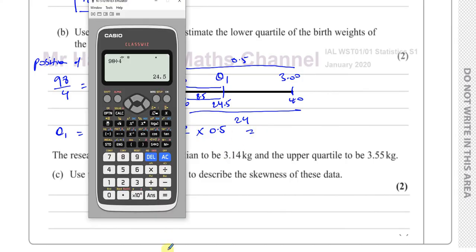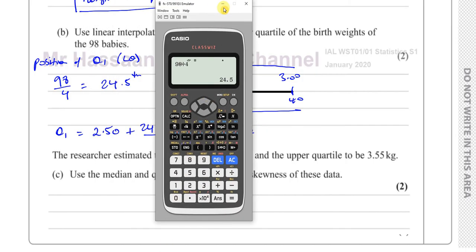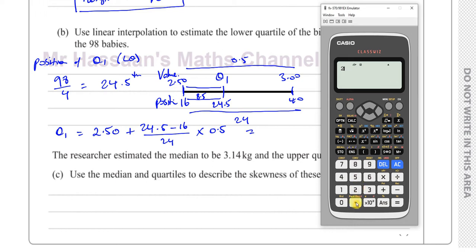So you've got 2.5 plus 24.5 minus 16. That's how far into the group you are in terms of position, divided by the width of the group in terms of position.